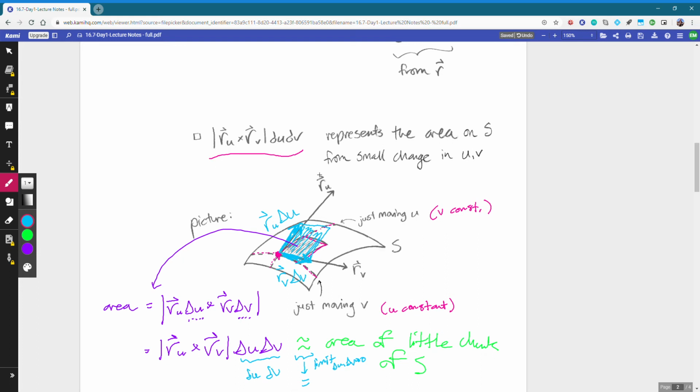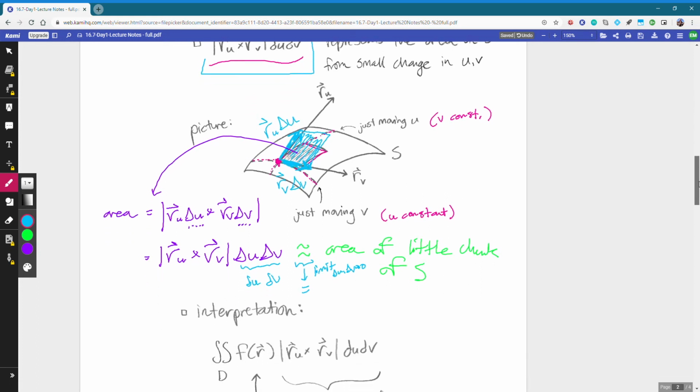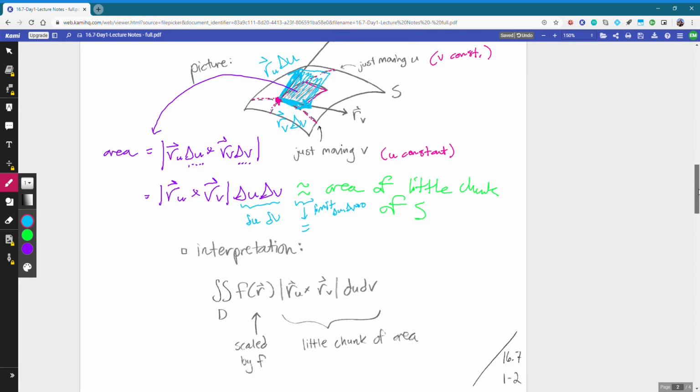And so this is what's going on. This perhaps strange seeming part in our integral is just representing a little chunk of area on our surface.